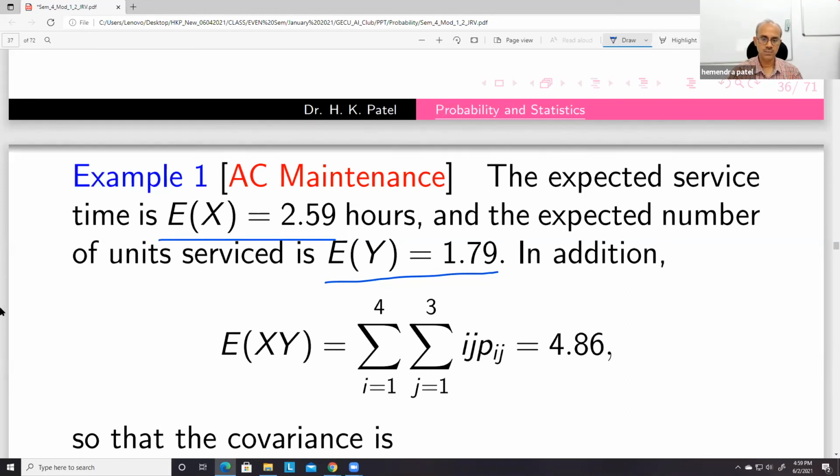So how to find them? For this Ex, we know that it is the summation of x times P(X = x).